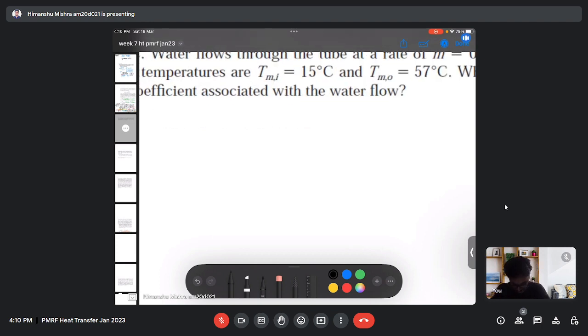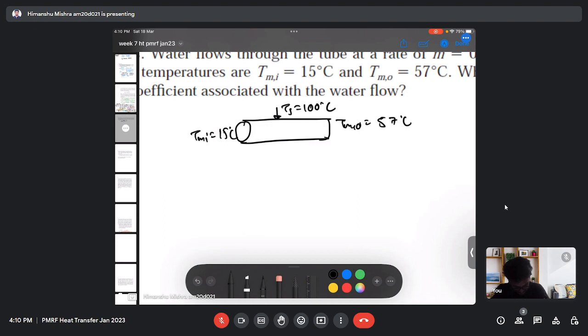So we need to determine the average heat transfer coefficient. We have a pipe flow, the mean inlet temperature is 15 degrees Celsius and the mean outlet is 57. The surface temperature is 100, the length is 6 meter, and we need to determine the average heat transfer coefficient.